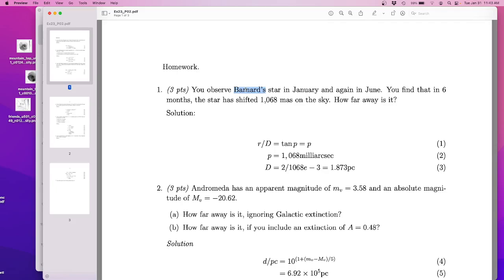We do it to get a longer baseline so that it's a little bit more accurate, but then you've got to divide by 2. So the distance is just 1 over theta in arcseconds. But since this is 2 theta, you need 2 over theta.